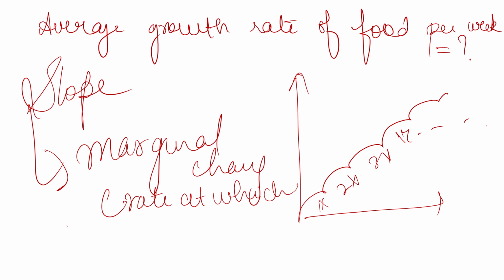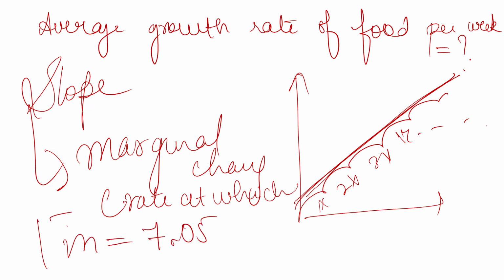If a slope is positive, that means it's a linear graph like this. So similarly, that will be the slope. M is equal to, in the last question we wrote it as 7.05 as far as I remember. So the answer will be 7.05.